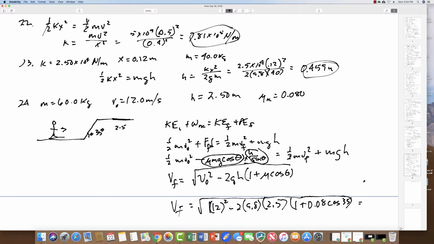And that equals 9.46 meters per second. Actually, unfortunately, it's not cosine. When you do this calculation through here, you end up with something called the cosine over the sine.